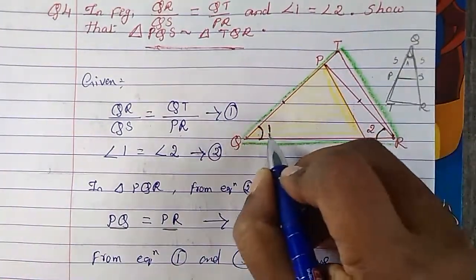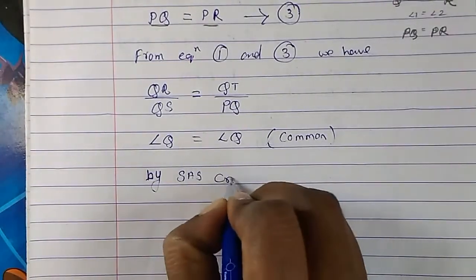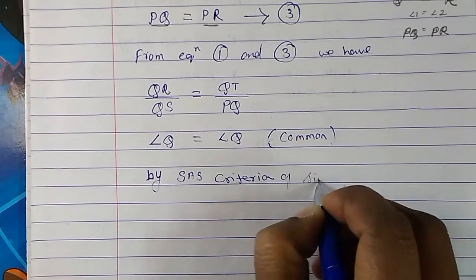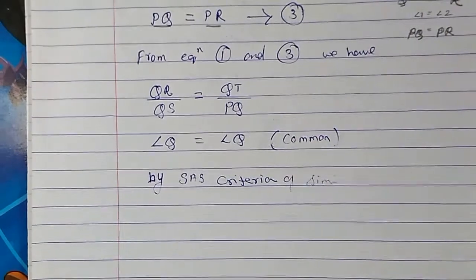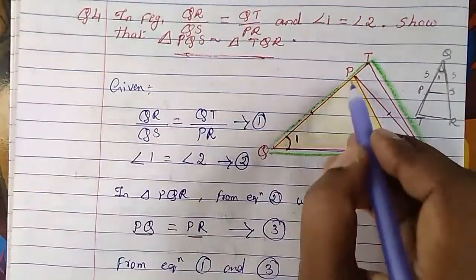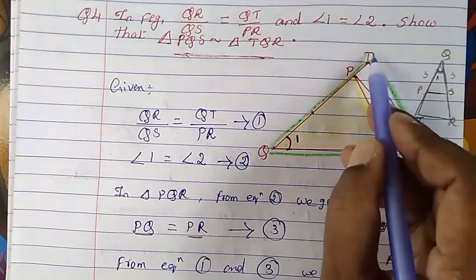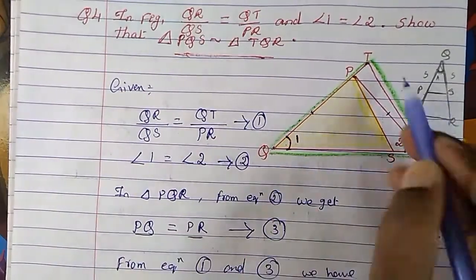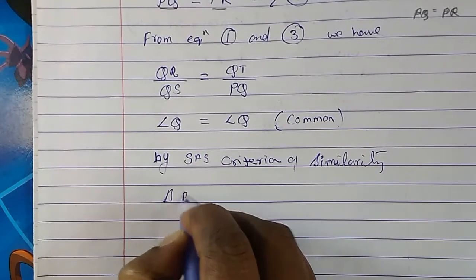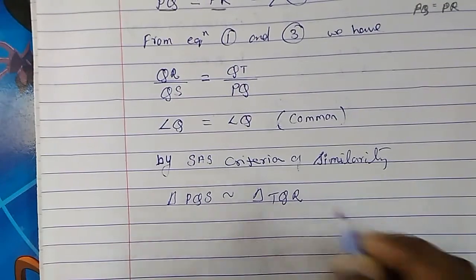So by side, angle, side criteria of similarity, triangle PQS, the yellow color triangle, is similar to the green color triangle TQR. Triangle PQS is similar to triangle TQR.